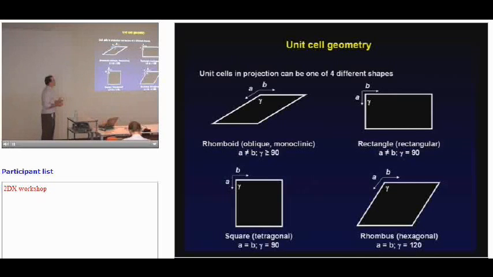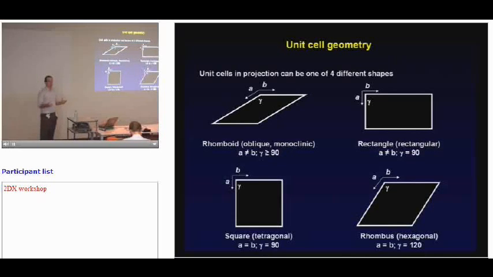Moving on to unit cell geometry. So this is the shape of our unit cell. It's defined again by these vectors A and B, and this included angle gamma. And for 2D crystals, there are 4 different unit cell geometries. The most basic of these is the rhomboid geometry, which is commonly referred to as oblique or monoclinic. This is where we have the vectors A and B not being equal in magnitude and gamma being greater than or equal to 90 degrees.